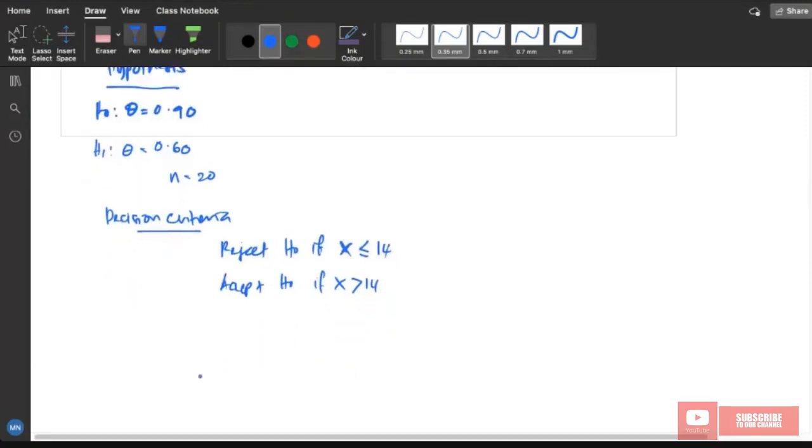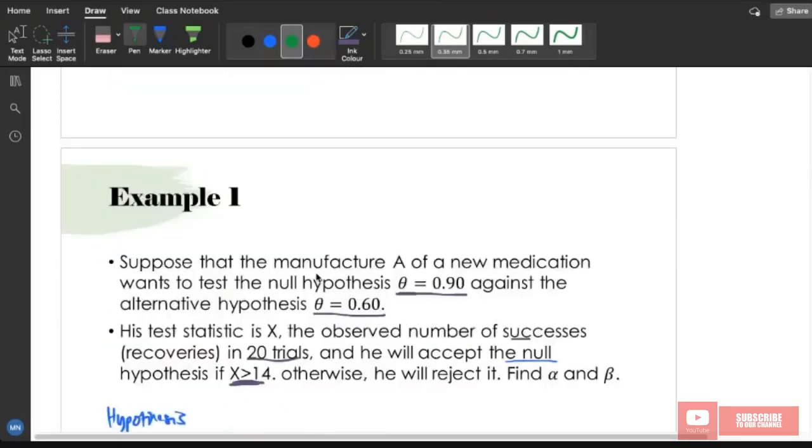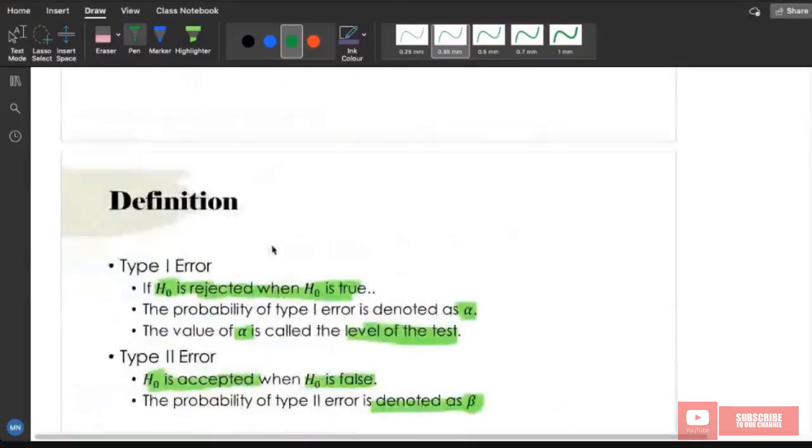So solution, if you want to find type 1 error, alpha is equal to the probability of rejecting the null hypothesis when the null hypothesis is true. So this is the probability of type 1 error. Let's look at the definition again.